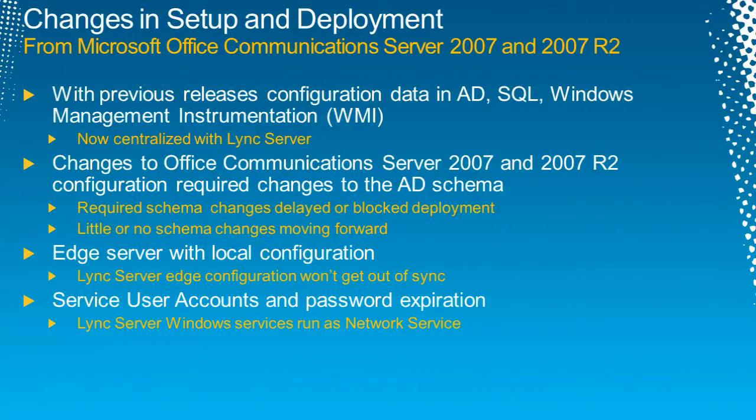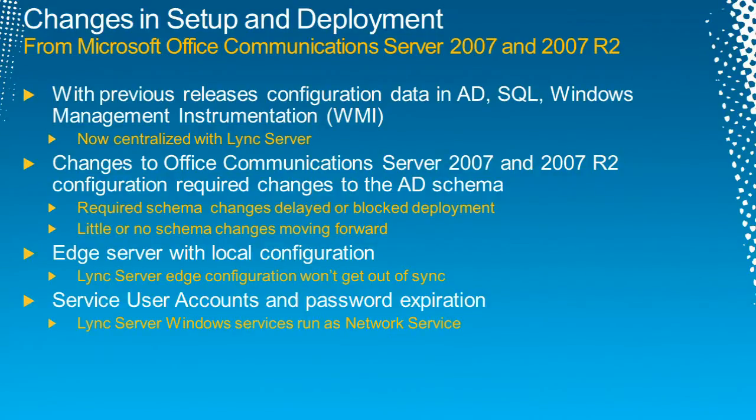We had configuration data in Active Directory, we had it on a pool level in SQL, and we had it on the edge directly in WMI on the edge server. Now with this release, we have this central management database where all our configuration data is in one place. It's easier to manage. It's our own configuration database.